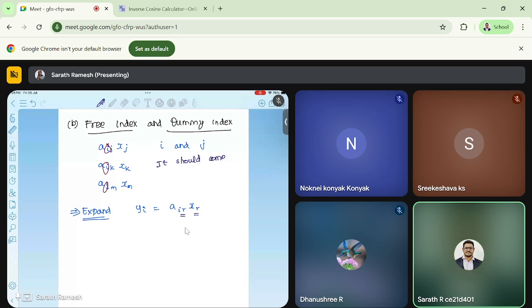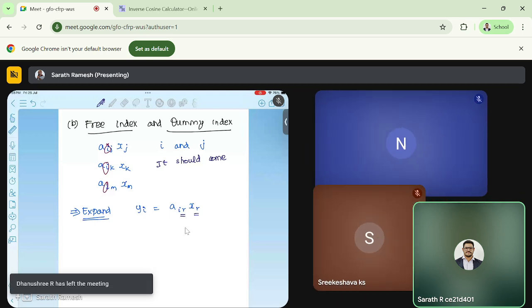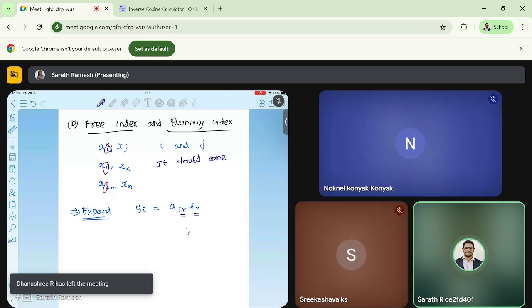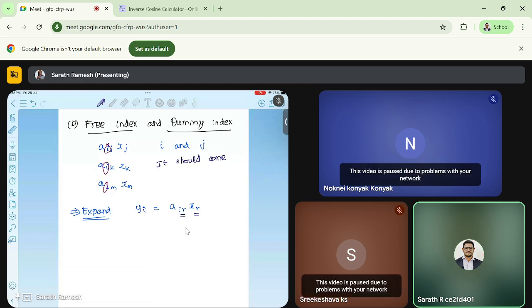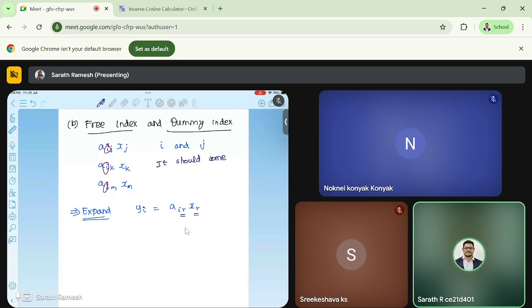So here, r is my dummy index and i is my free index. Now if we have a dummy index, what we have to do is sum it from 1 to 3.